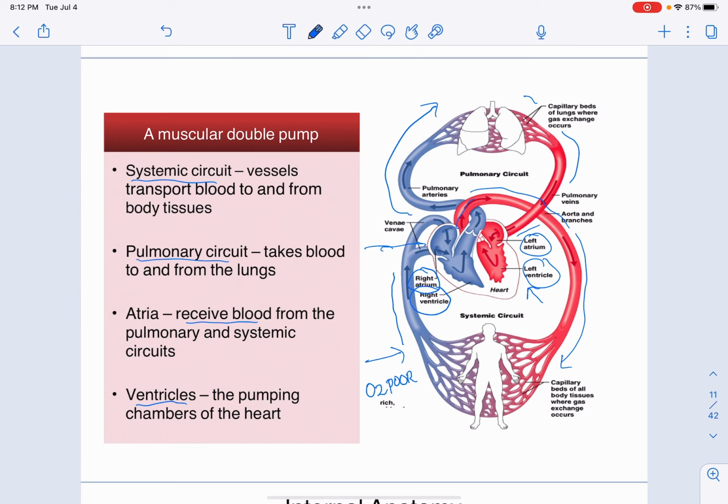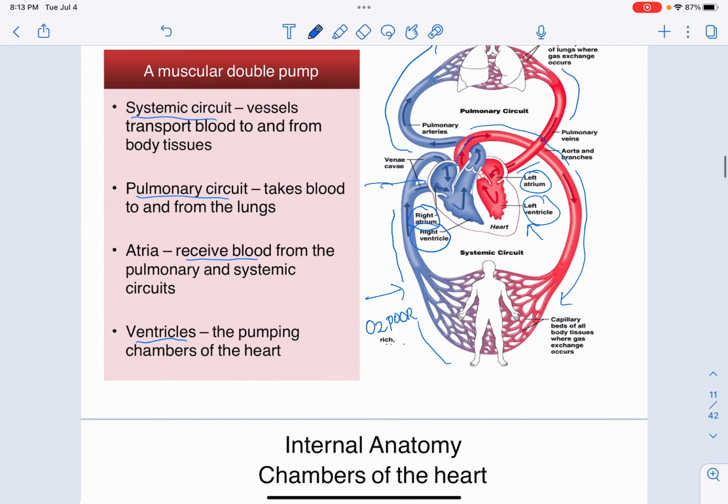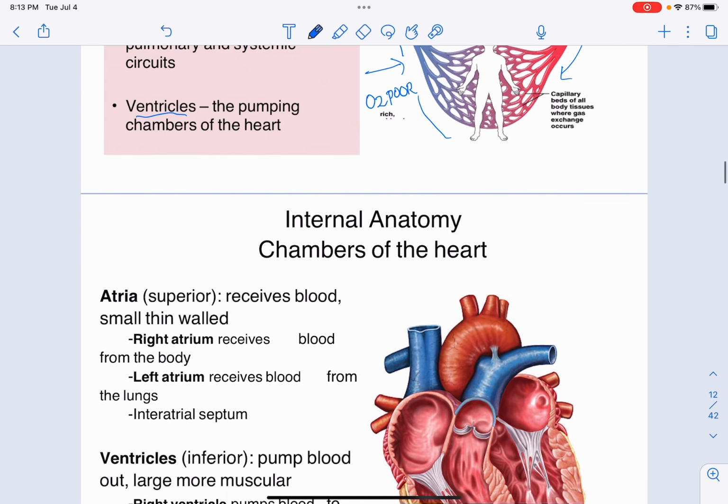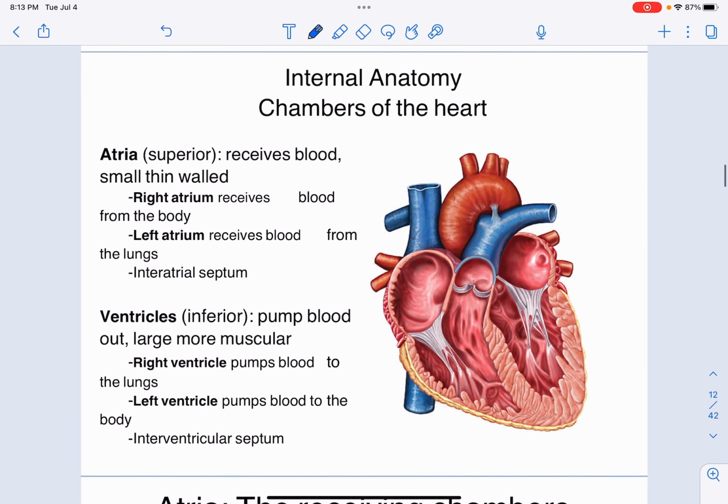And then it will head to all of the tissues and all of the organs again to provide oxygen to them. And then as the tissues deplete that oxygen, we will then restart the circuit. That blood will then head back to the heart to go back to the lungs and then start all over again.